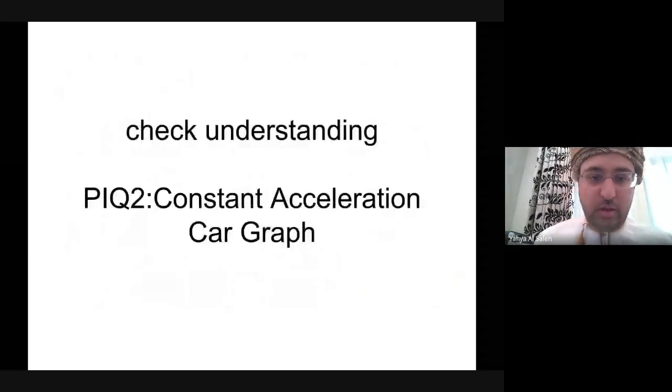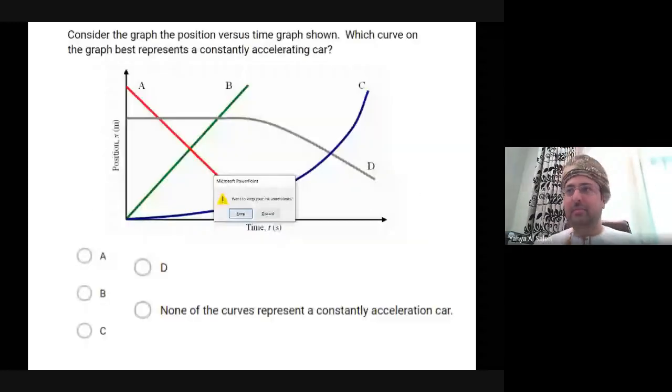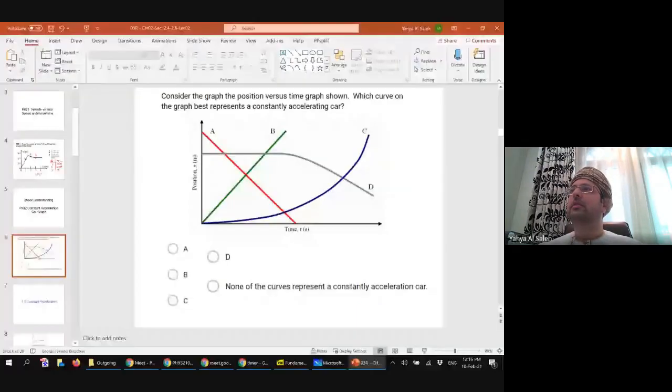Now this one is a tad bit more involved. This one looks at acceleration from a position graph. Next question. It should appear on your screens in 3, 2, 1, and it should be on your screen now. Let's see how good we can do this one.